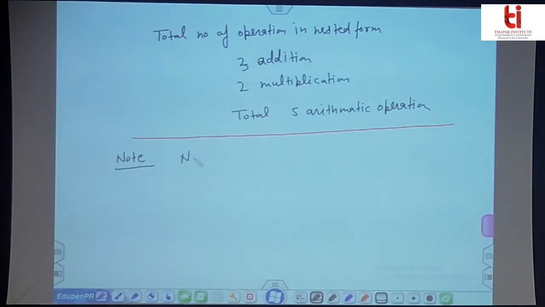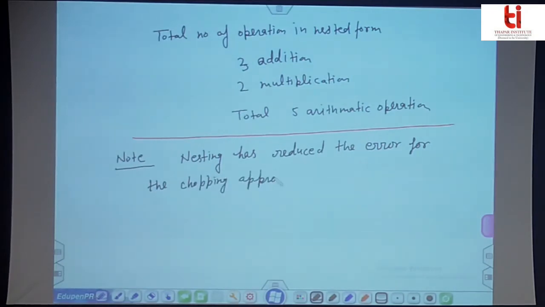Note, nesting has reduced the error for the chopping approximation to less than 10% of that obtained initially.